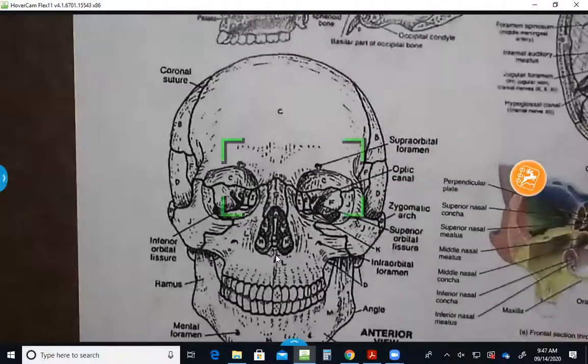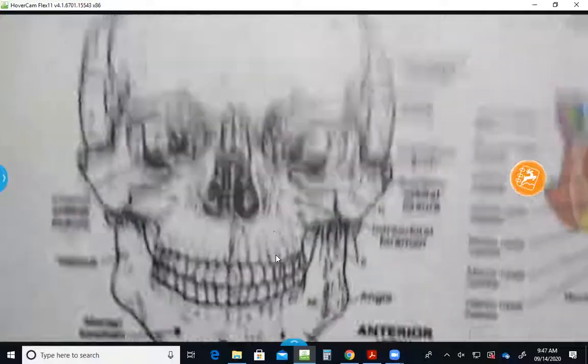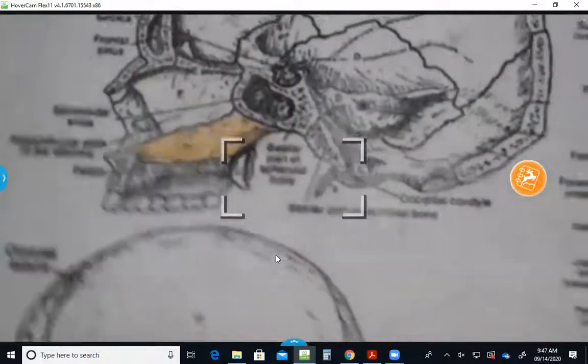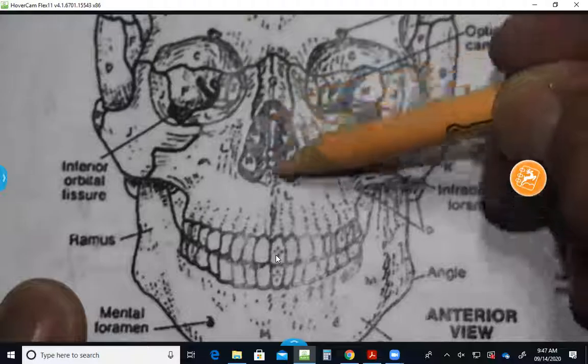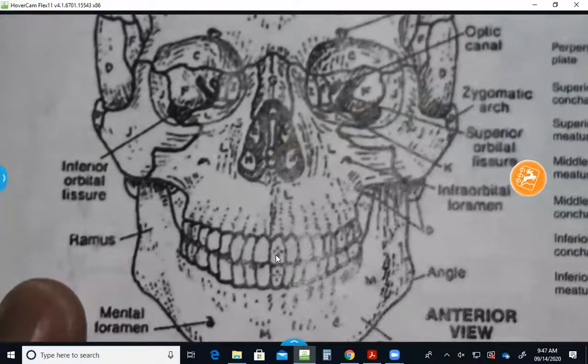Okay, at the bottom in our frontal view, we can see the internal part of the nose. Zoom in here for us. We can see that wall separating our nasal cavity into the two sides.